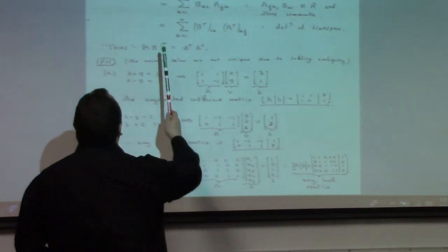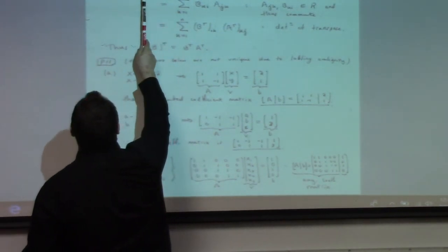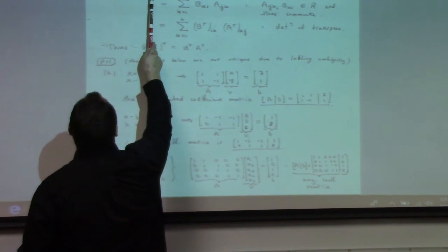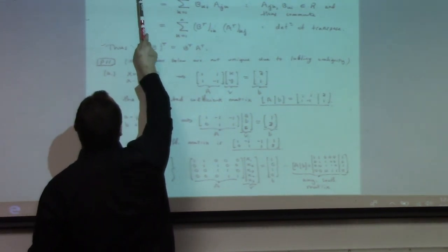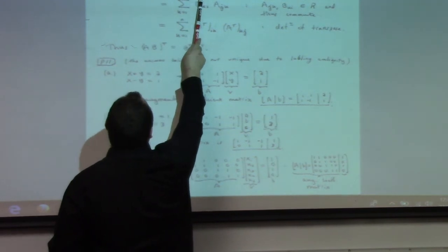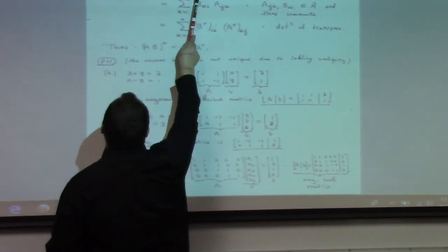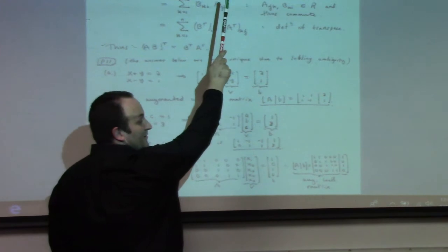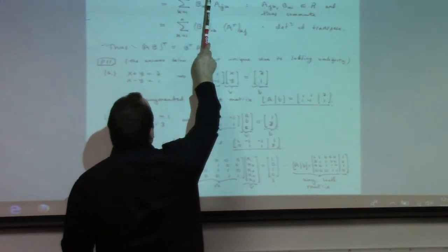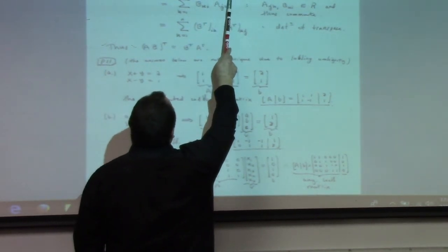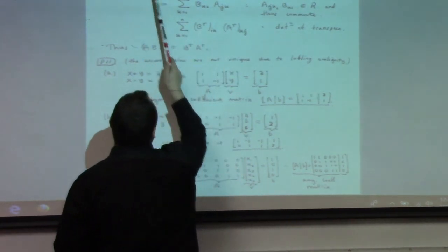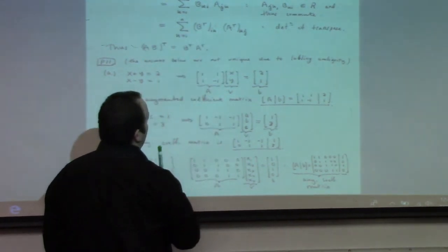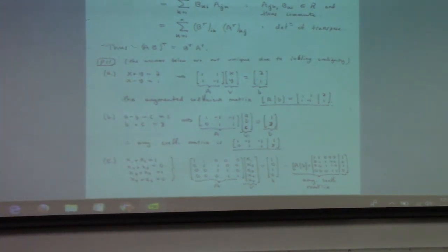A typical lost student move: no IJ over here, just AB transpose, and then over here I got something like ABJI. Of course, this lost student would not put parentheses. Or I'll see things with no sum, where this is equal to that without the sum. There are so many different wrong things I see. I don't even know where to start.